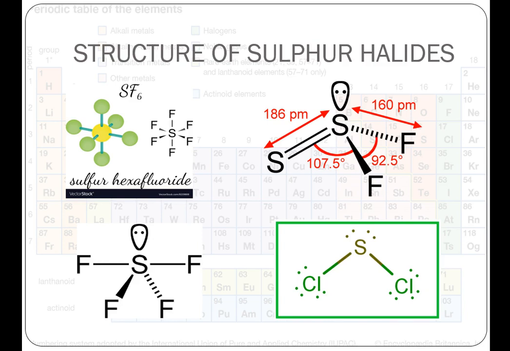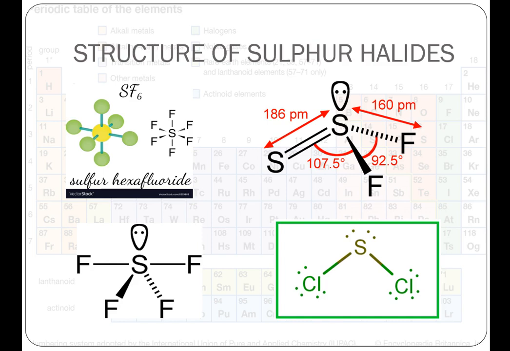Geometry is trigonal bipyramidal where one of the equatorial positions is occupied by a lone pair of electrons. In case of SCl2, the structure is inverted V, where sulfur is surrounded by two lone pairs and two bond pairs of electrons. So geometry is tetrahedral.